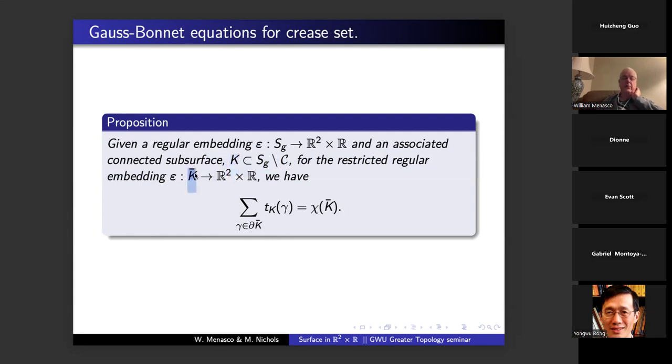You take the closure of that component and you look at the boundary curves of it, of the embedding of that closed component. And then you add up all the turning numbers for all those curves, and you'll get the Euler characteristic. So this right here is the Gauss-Bonnet applied to a surface that is in the complement of the crease set.